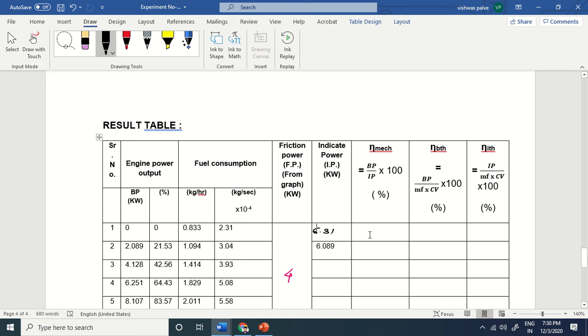Let us keep it as a dash, because whenever the brake power is 0 there is no need to calculate this. The first reading we will skip. That's why I have selected the second reading, so that I can show each and every calculation. If you are getting a value for this term, then you can write that.